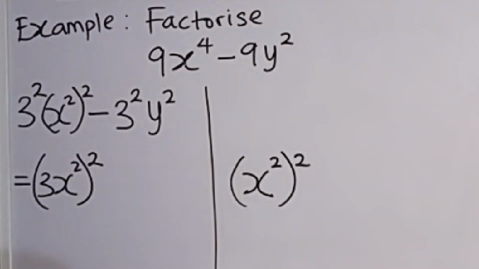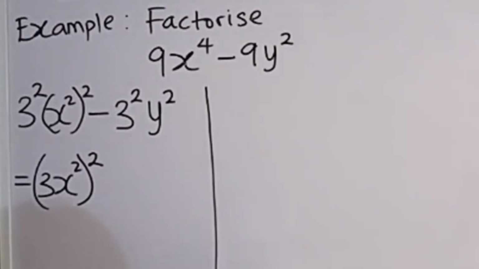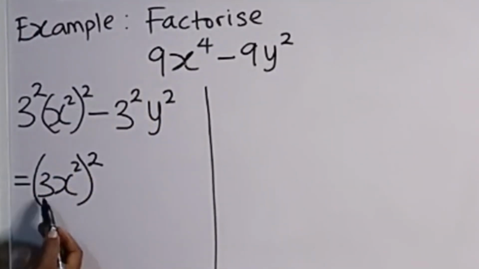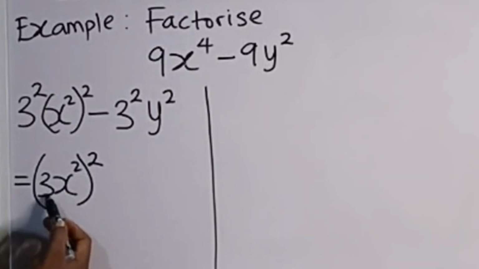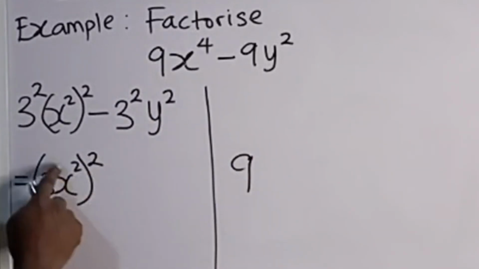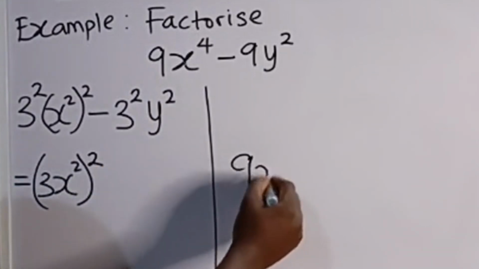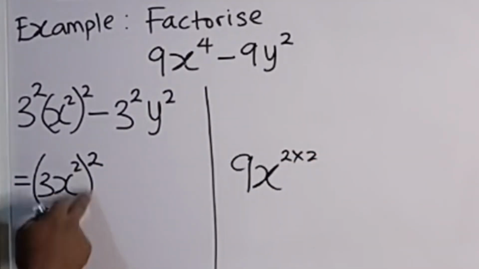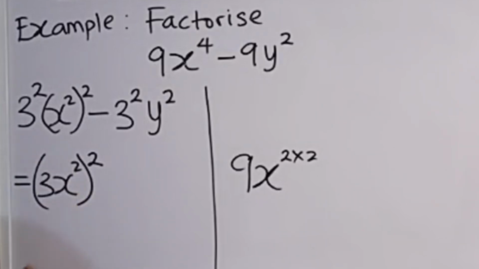Let's see if we are correct. Let's see if we can convert this to this. So this square belongs to every value in the parentheses. So 3 squared is 9. x squared all squared is x to the power 2 times 2, right? Because the parenthesis in between them is multiplication.